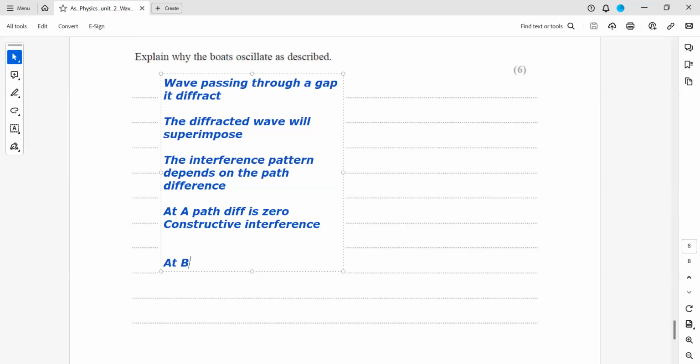But at B, the path difference changes because the wavelength changes. As the wavelength changes, the path difference will also change.